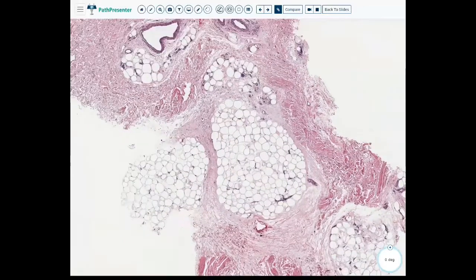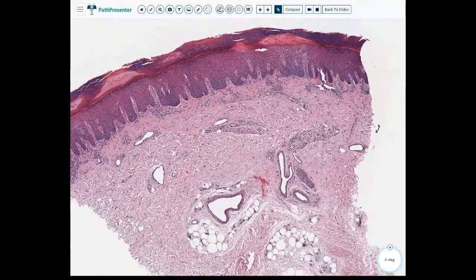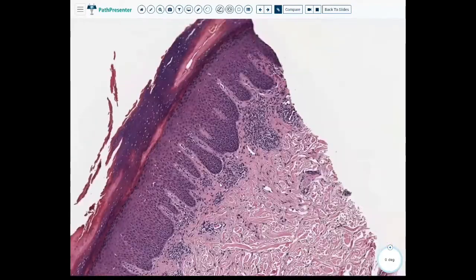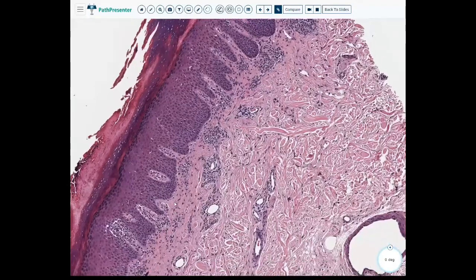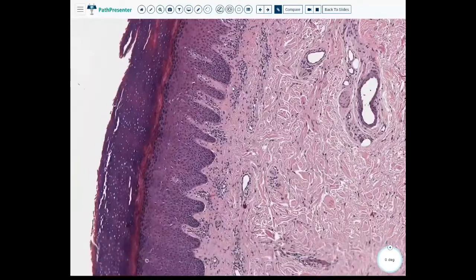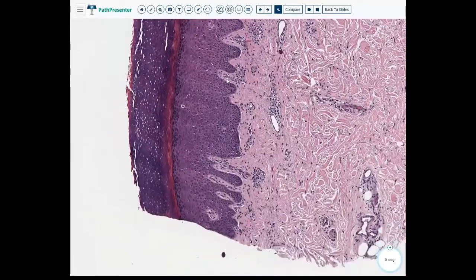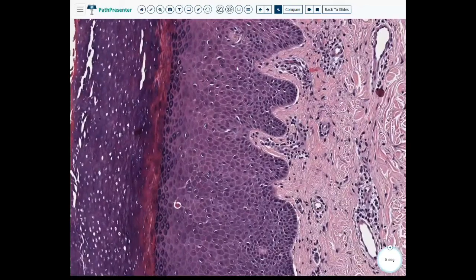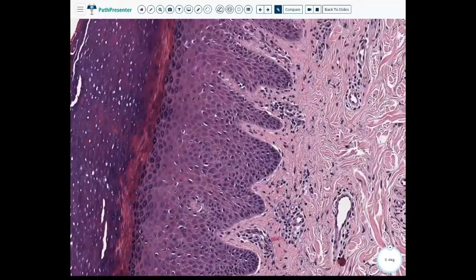This is relatively bland. Let's see if the other piece has anything else for us. And this looks very, very similar. Maybe some dyskeratosis, which is okay.